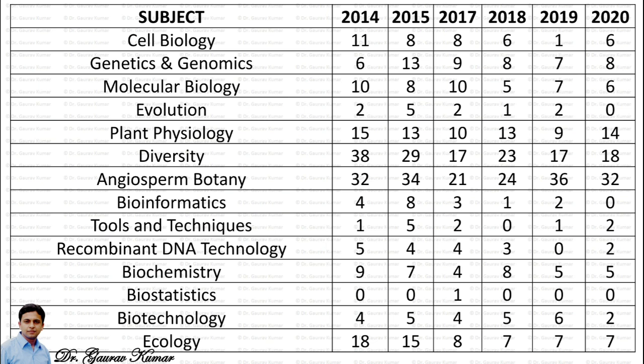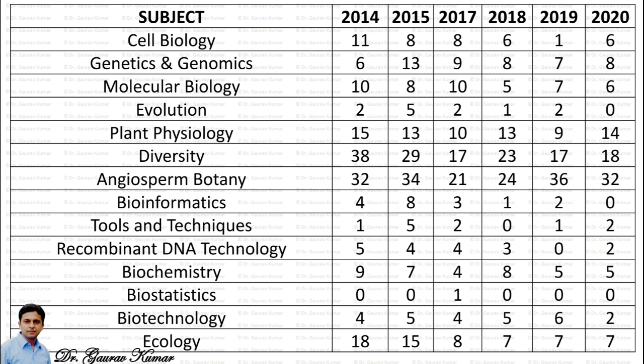In biochemistry, yes, they are asking some core biochemistry questions on amino acids, largely depending upon the amino acid chapter as well as the enzymes chapter. And in biostats, again the number of questions is very, very low or almost absent.